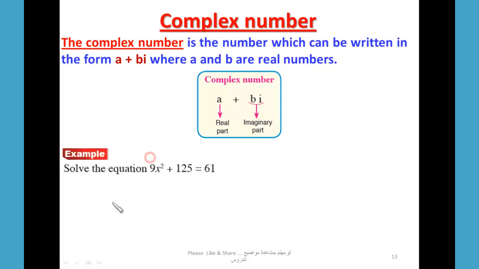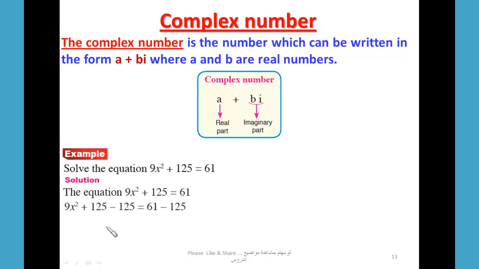Example: solve the equation 9x squared plus 125 equals 61. Solution: the equation here is 9x squared plus 125 equals 61, and we are required to find the value or values of x.